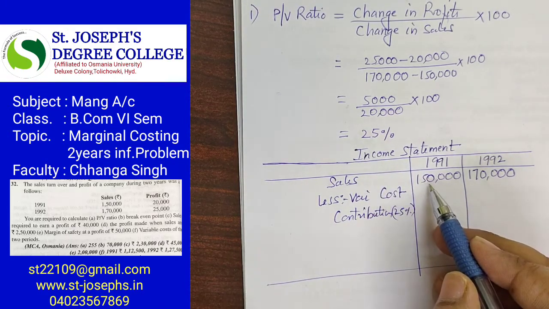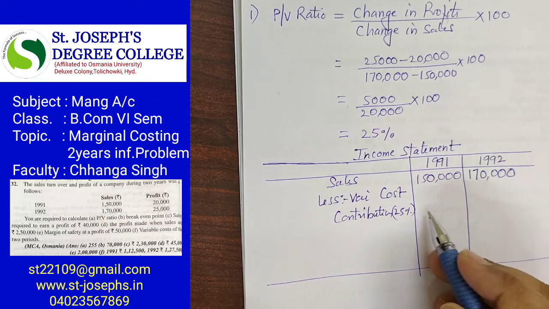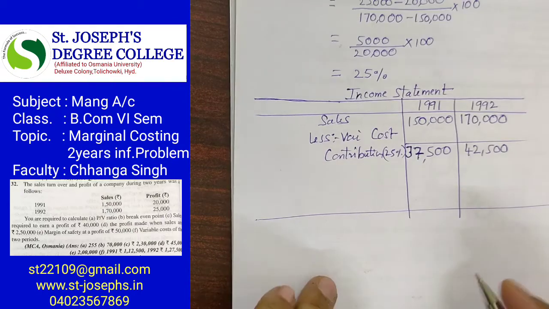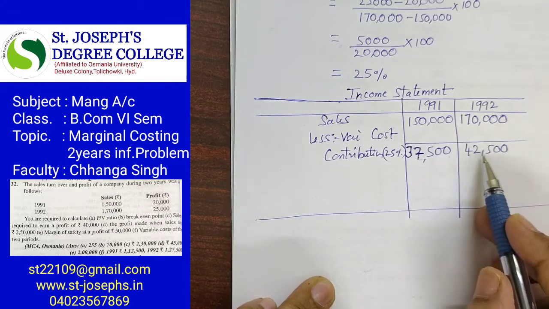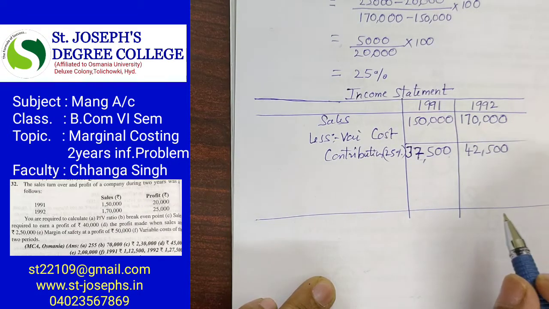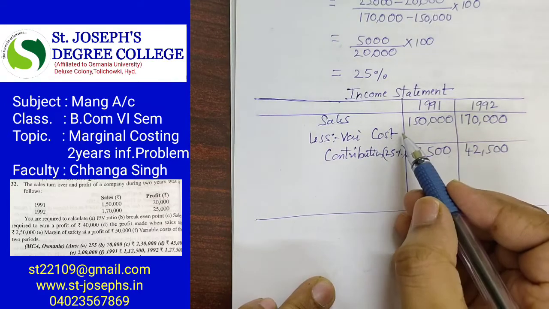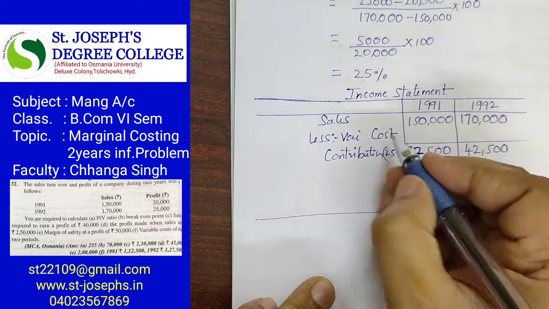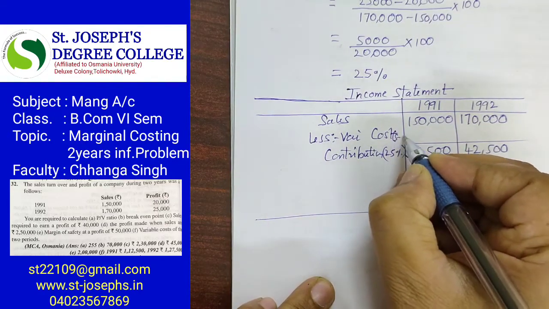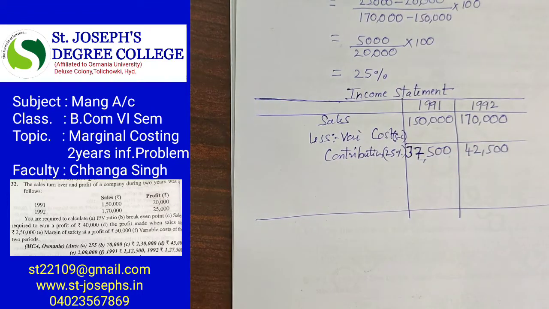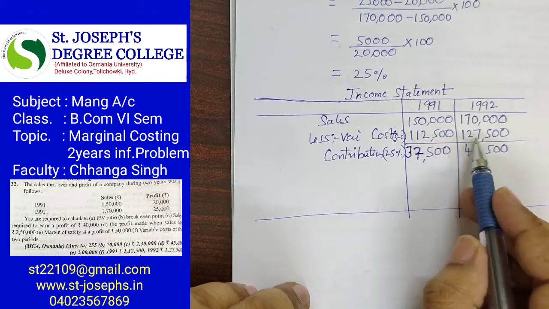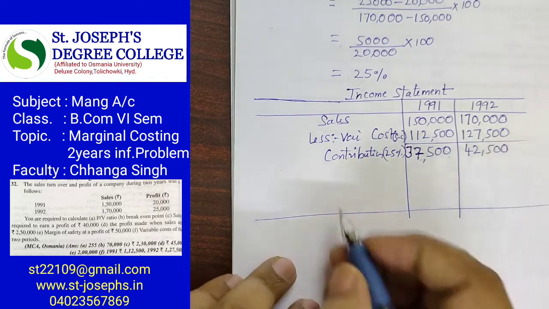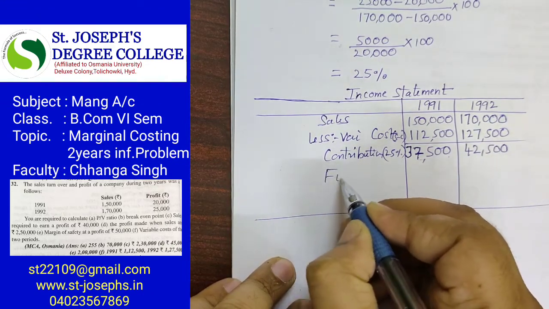So 25% of 1,50,000 and 1,70,000 is 37,500 for 1991 and 42,500 for 1992. Now variable cost is very simple: sales minus contribution. It is 1,12,500 and 1,27,500.